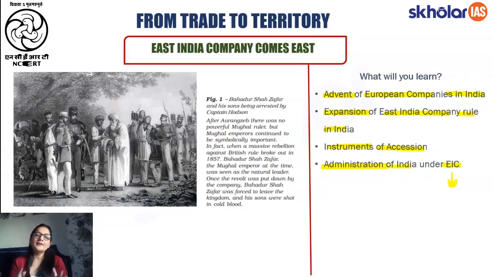And because of this, there was a lot of conflict and chaos going on in our country, as there was no centralized single power. And it is due to this chaos that these European companies, particularly the British East India Company, took advantage of such a situation and started invading or ruling different parts of our country.